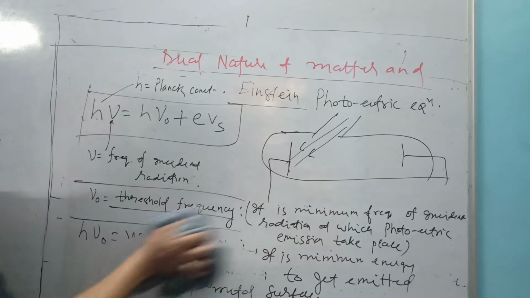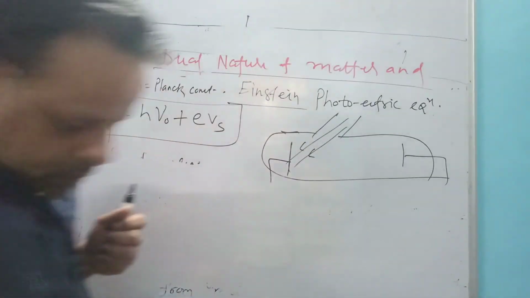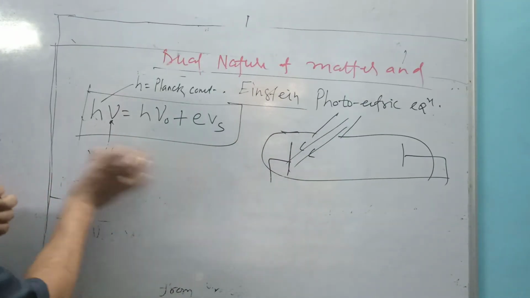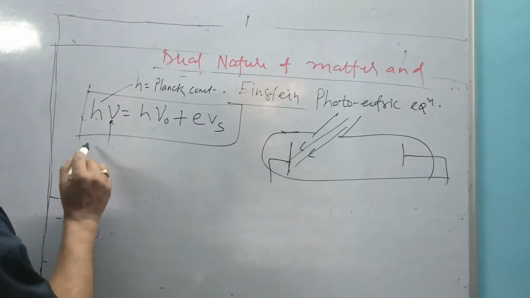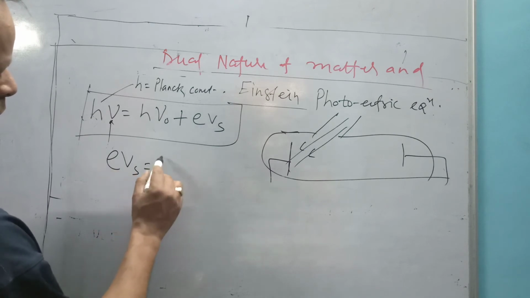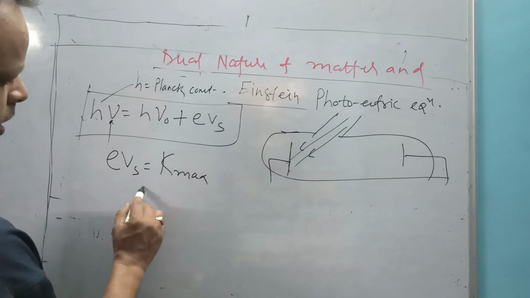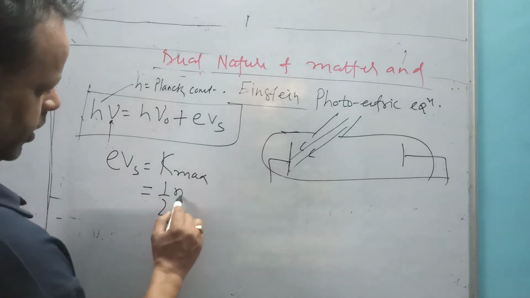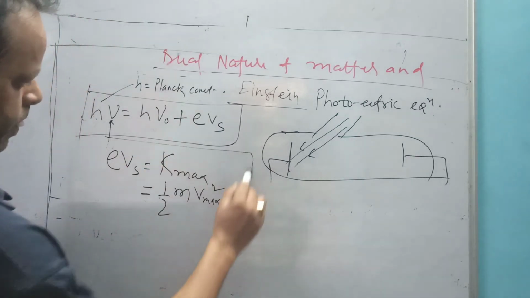This is clear. Now we have eVs. See, there is a correlation over here: eVs is also equal to the maximum kinetic energy of the emitted electron, half m v max square.